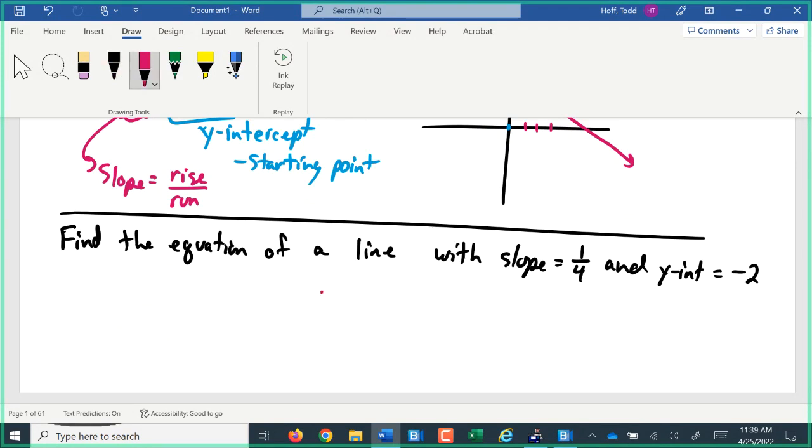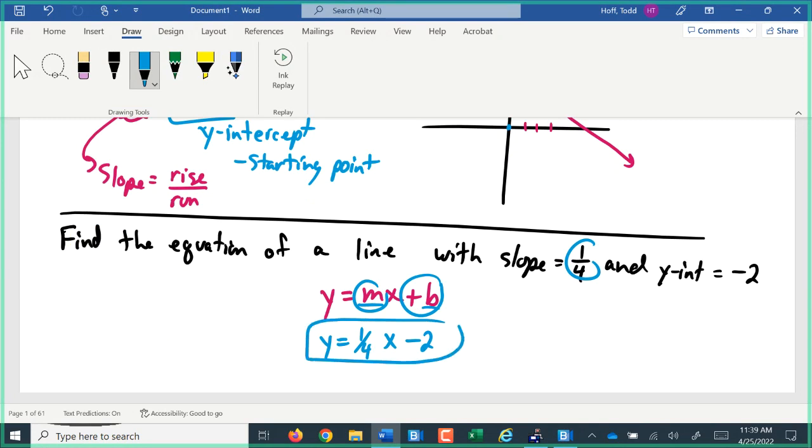It is simply y equals mx plus b, where m is the slope and b is the y-intercept. So we just replace the m with the slope of 1/4. So y equals 1/4 x, and we replace the b with the y-intercept of -2. So instead of plus b, we put in -2. So y equals 1/4 x minus 2. Not a whole lot for us to do there.